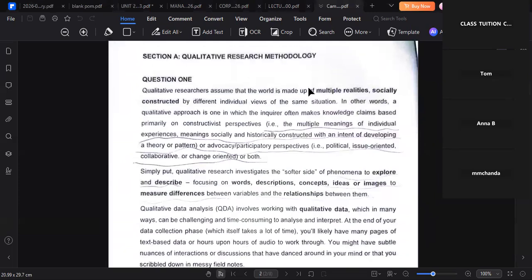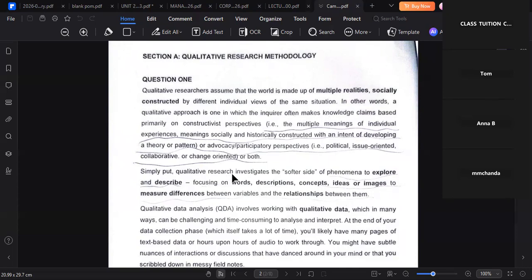Qualitative research assumes that the world is made up of multiple realities socially constructed by different individuals, their views of the same situation. In other words, the qualitative approach is one in which the inquirer often makes knowledge claims based on the constructivist perspective, i.e., multiple meanings of an individual's experience, meanings socially and historically constructed with intent of developing a theory, or the advocacy or participatory perspective, which looks at political or issue-oriented, collaborative, or change-oriented, or both.